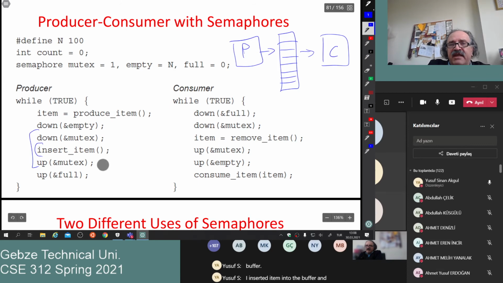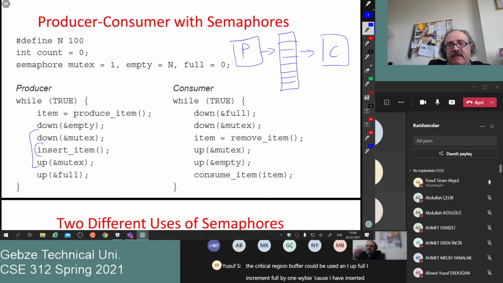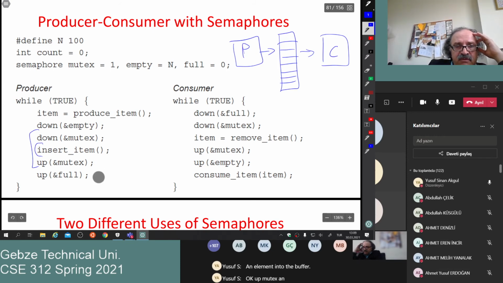And I up the mutex, so I am not in the critical region. Buffer could be used. And I up full, I increment full by 1. Why? Because I have inserted an element into the buffer. Up mutex and up full means that I am incrementing this value and this value. Mutex could be 0 or 1. I decremented this mutex, I incremented it. So good, I did that.